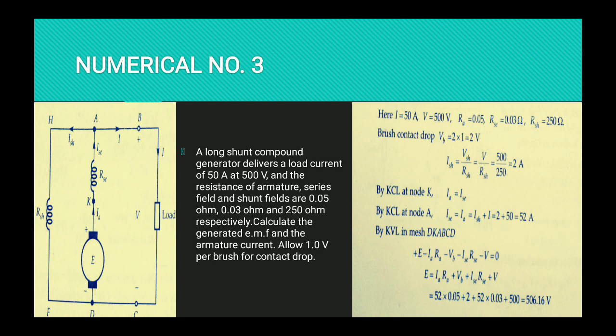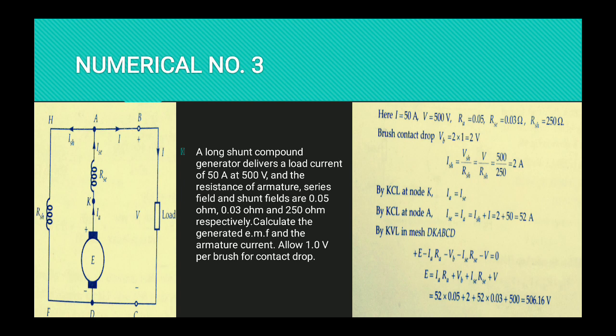Between these 2 meshes, the common EMF is E. So according to KVL, the same voltage drop appears in the load side and in the shunt field resistance. That means if we assume the voltage across the shunt field is VSH, then according to KVL, VSH equals V.